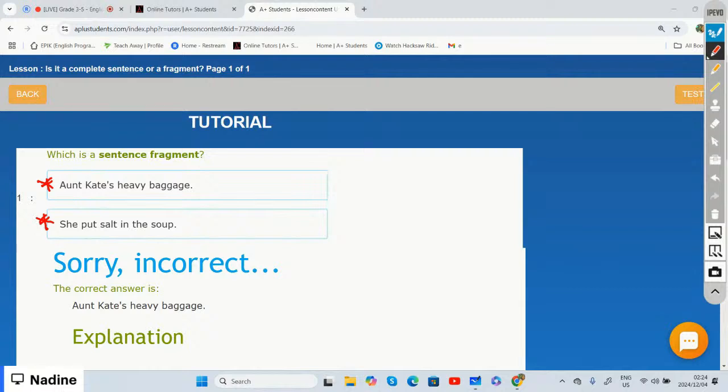Remember, we said a sentence fragment is either missing a subject or it's missing a verb. So, which one is a sentence fragment?